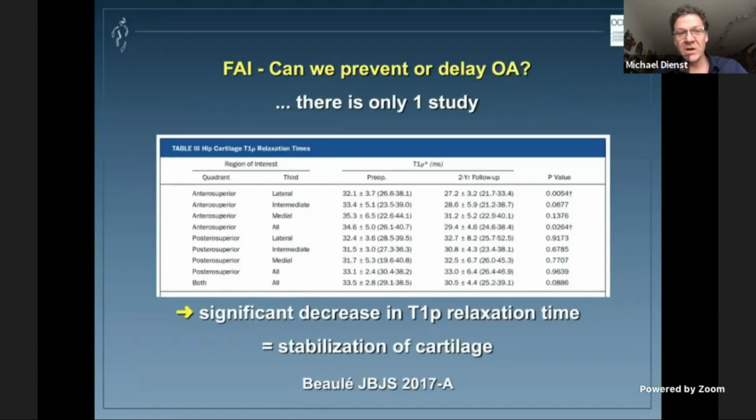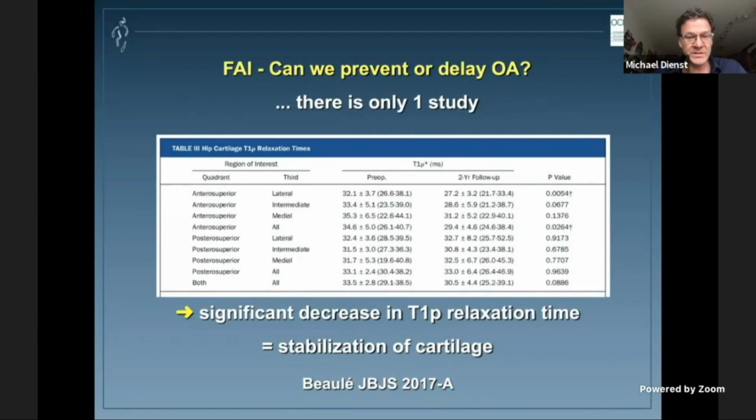Last question is, can we prevent or delay osteoarthritis? We don't have a lot of research on that. I think there's only this study here from Paul Beaulé's group from Ottawa, analyzing 13 patients with a surgical dislocation for FAI.